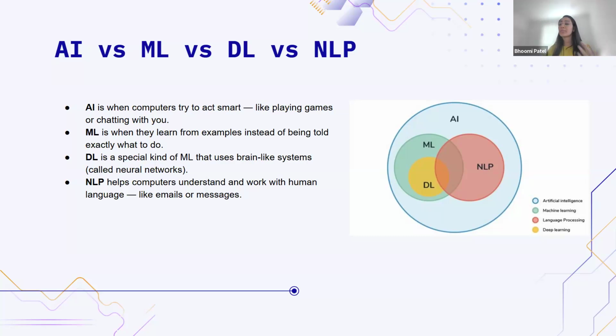But if you want to do Netflix recommendations, that's deep learning because you're trying to learn a human brain pattern here. And when it comes to NLP, it's more about reading through chat messages. Or you have a lot of logs in your system, and you want to learn something from there. That's when you'll start using NLP because that's literally human language, and that gets translated to the machine, and then it helps us gain insights out of it.